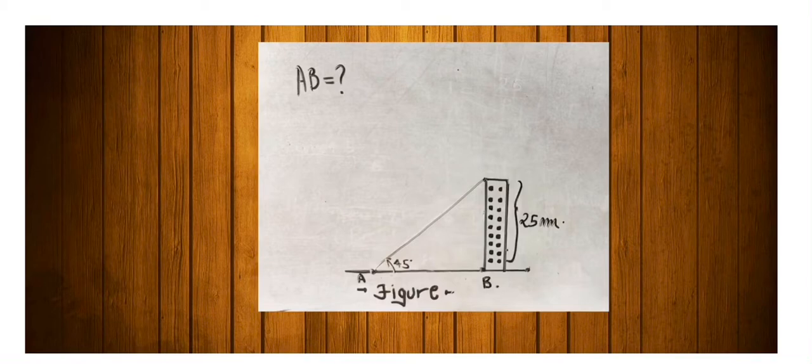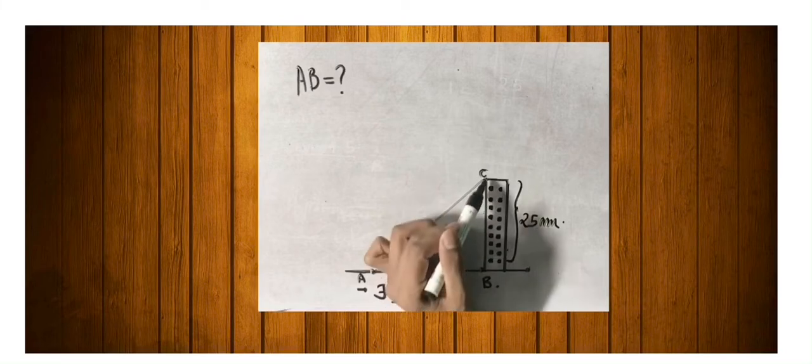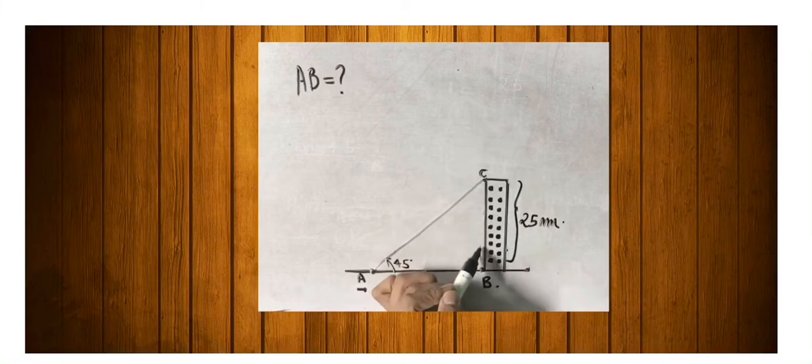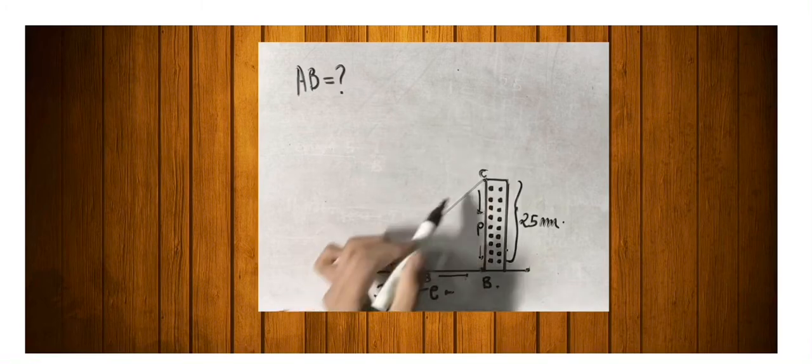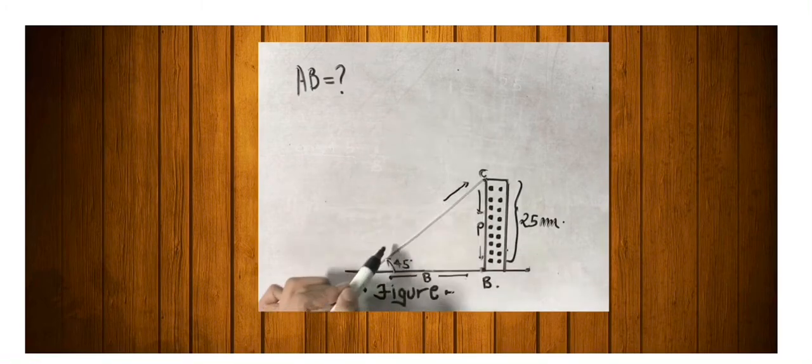Let's say this point is C. Since this is theta, the opposite side, which is this one, is the perpendicular P. The adjacent one is the base and this one is the hypotenuse.